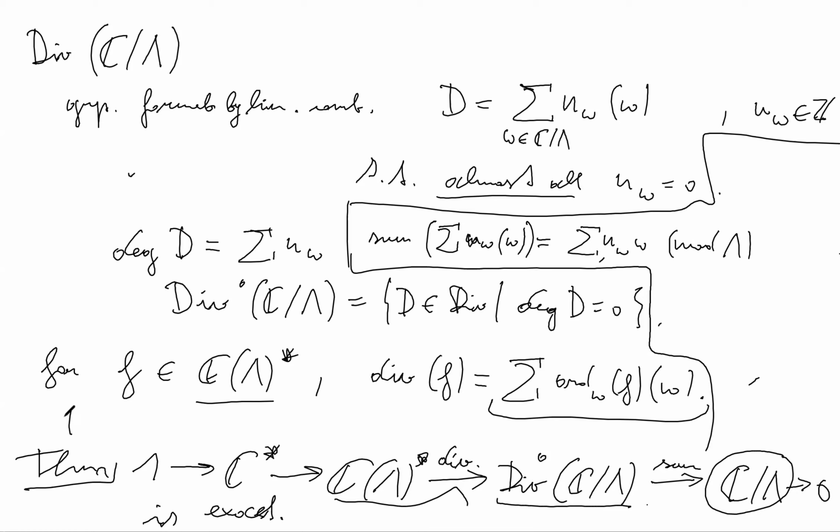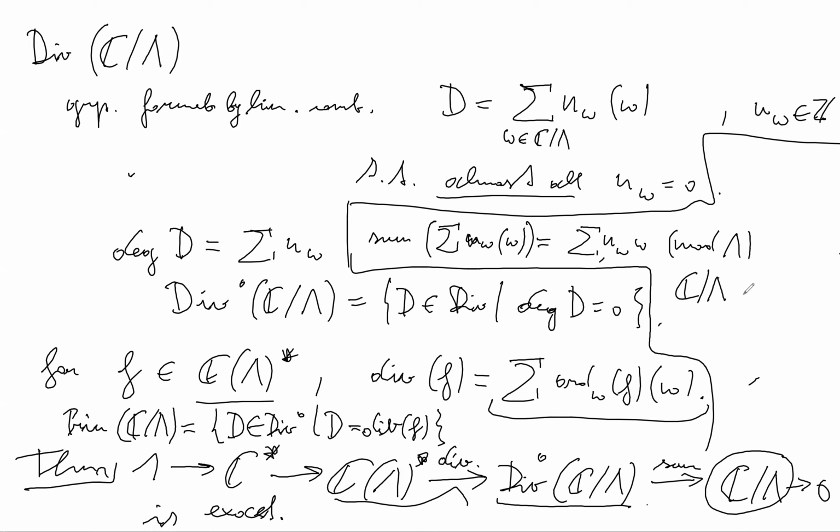So again, as last time, I could define this group, div 0, such that the divisor is that of some function. So what we find is that C mod lambda is isomorphic to div 0 of C lambda mod these principal divisors.